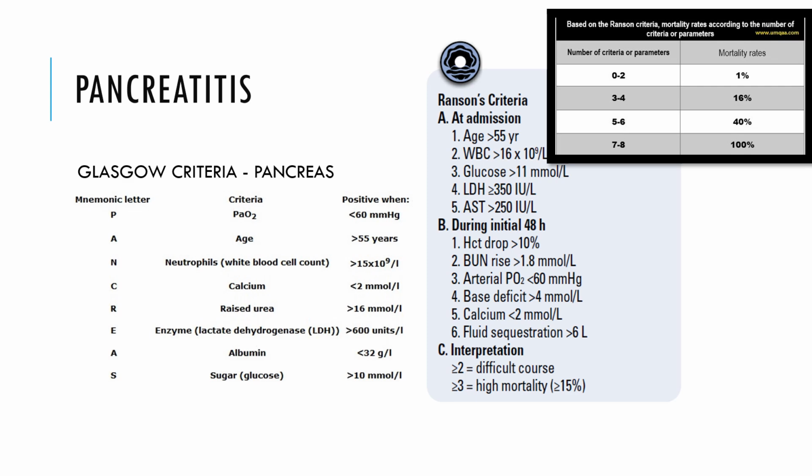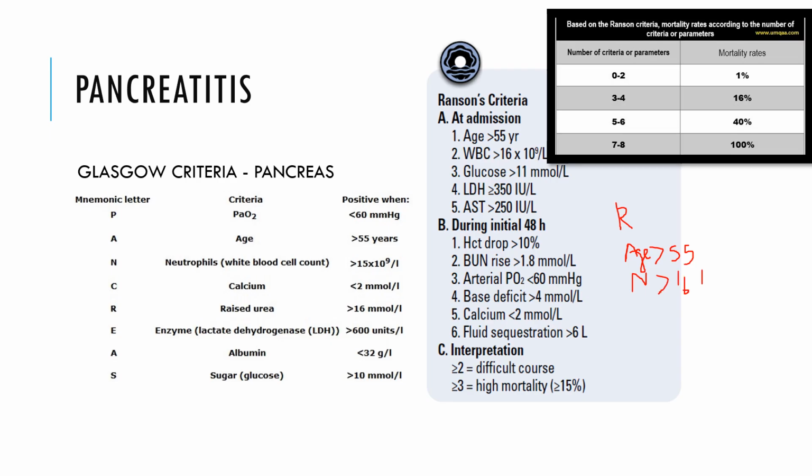So at admission, you can just remember Ranson itself. Okay, A for age more than 55, and you remember neutrophil, that is WBC, more than 16,000.